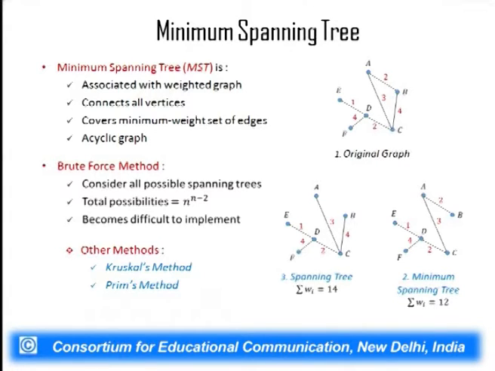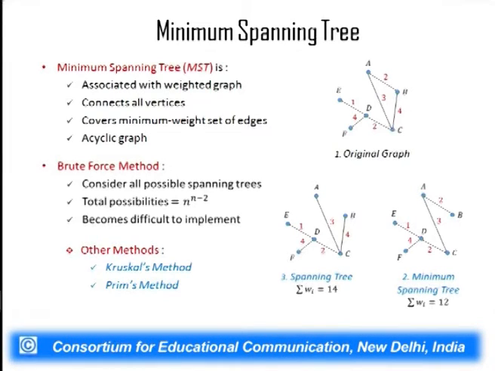This becomes a very tedious task as the number of nodes increases, because the total number of possibilities results in n to the power n minus 2. Here we have 6 nodes, so it is 6 to the power 4, which itself is a big value. But real graphs, not only transportation but any real-world graph, are so huge, and believe me, there are thousands or even more than thousands of nodes.